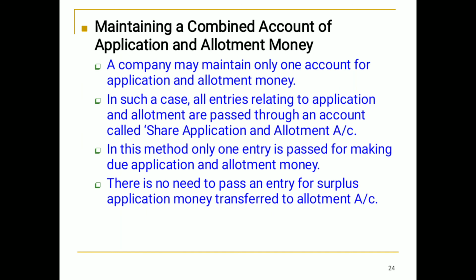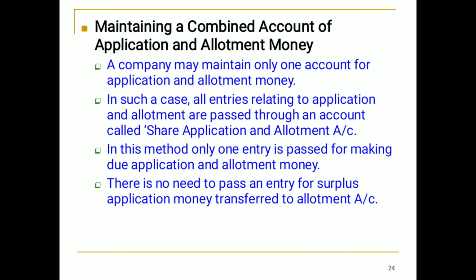Okay, here is the new thing. It says maintaining a combined account of application and allotment money. Now sometimes you will be instructed, I mean a general instruction will be given in the sum, that you have to maintain a combined account of application and allotment money.